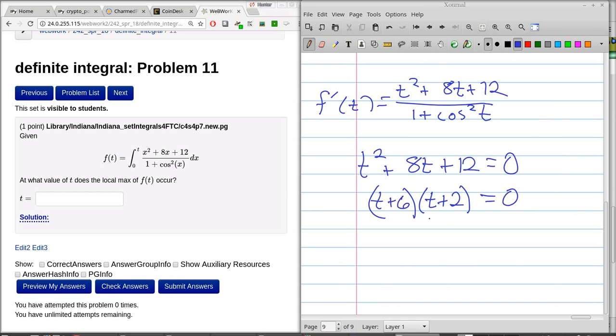So here we've got one possibility is t equals negative 6. And another possibility is t equals negative 2. This integral starts at 0, but I'm going to ignore that because it formally makes sense for these to be small on top. And you could just try them.